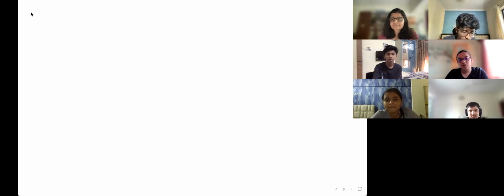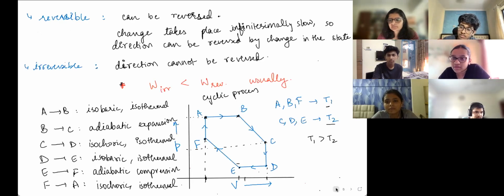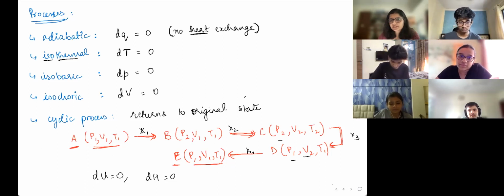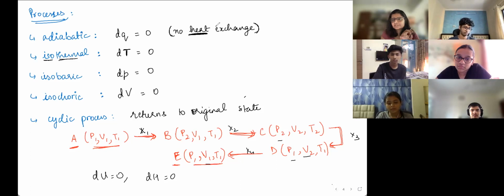I'm sorry. Could you explain again why it's adiabatic? I don't understand. The expansion and compression part I understood, but why is it adiabatic? Because there's no heat exchange happening there. See, temperature has changed, meaning internal energy has changed.